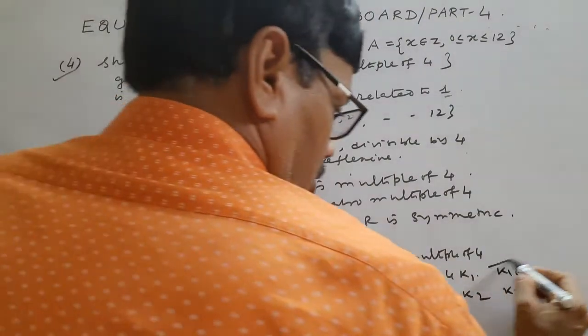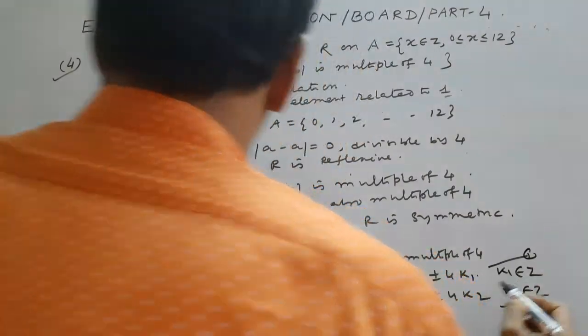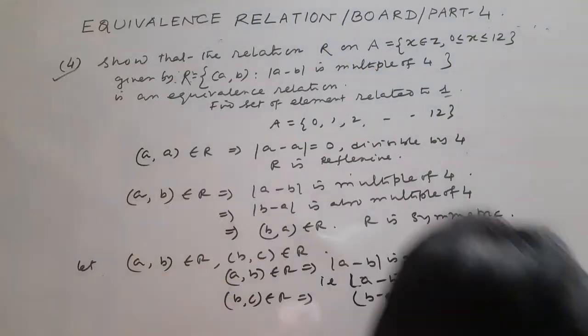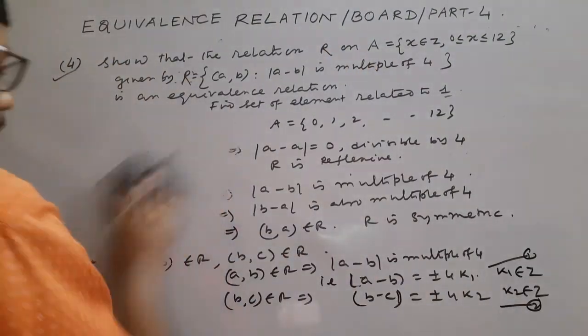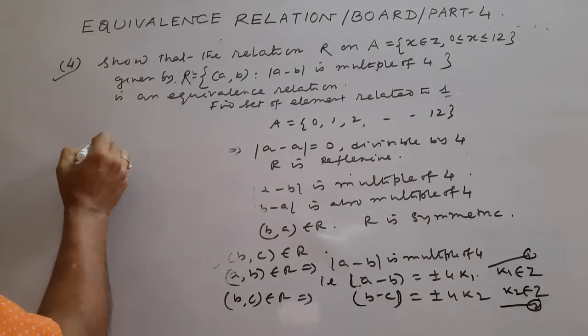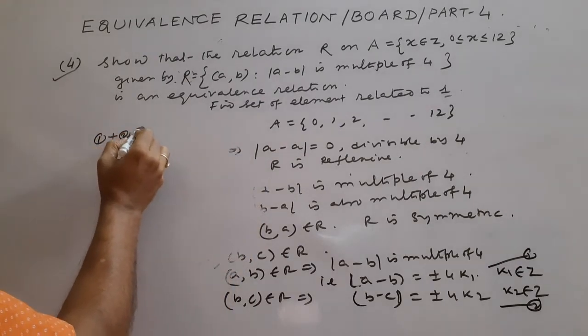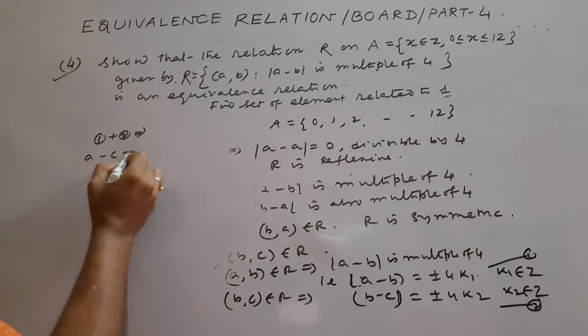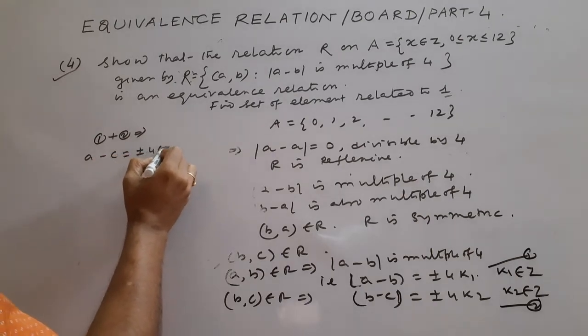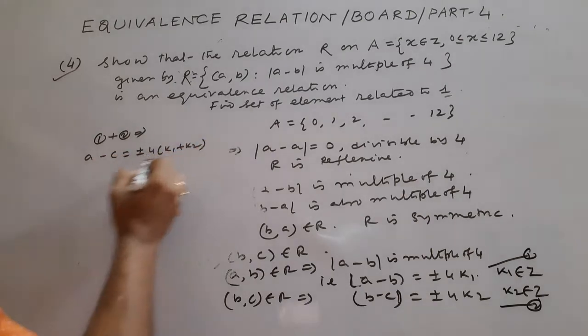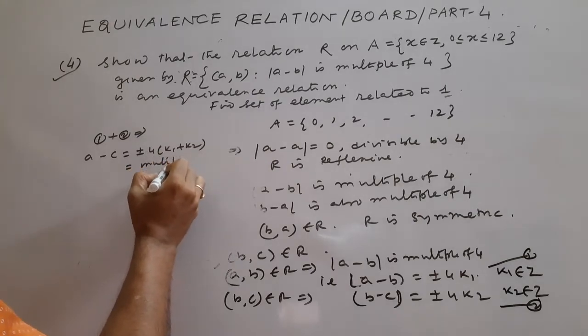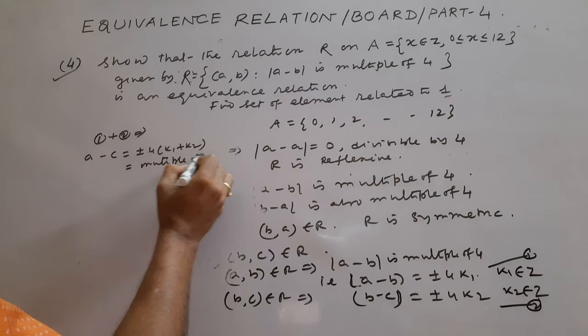So adding these two relations, 1 and 2, same as earlier, 1 plus 2 implies A minus C equals plus minus 4 common, K1 plus K2. So a multiple of 4, integer into 4, so a multiple of 4.